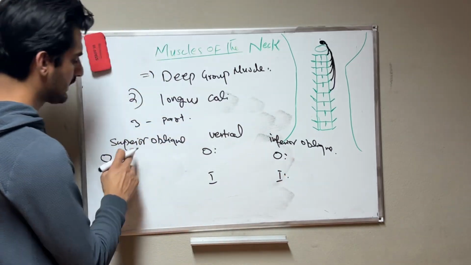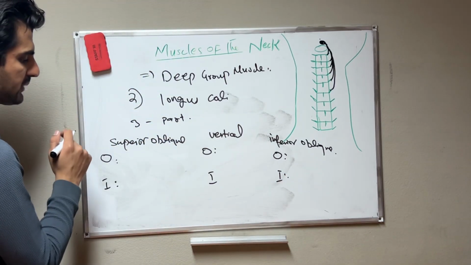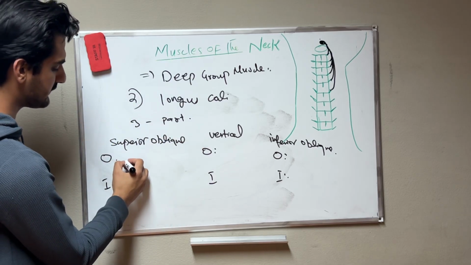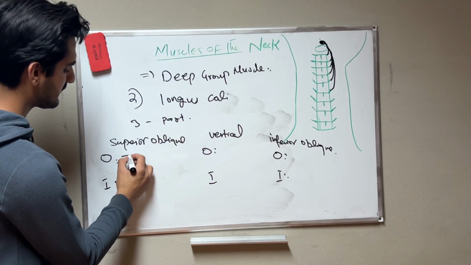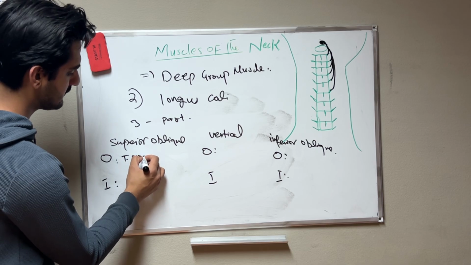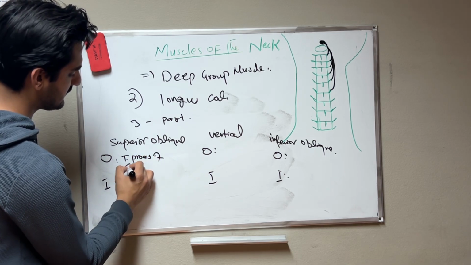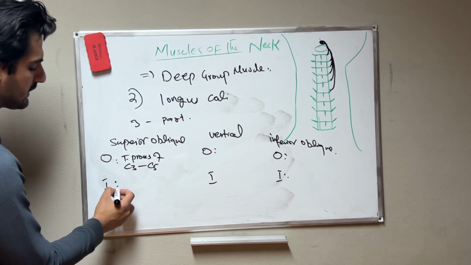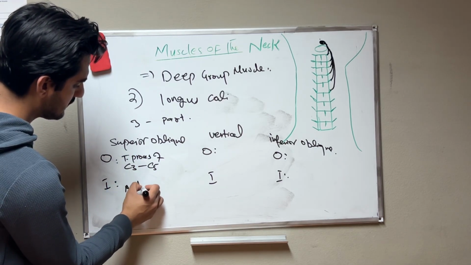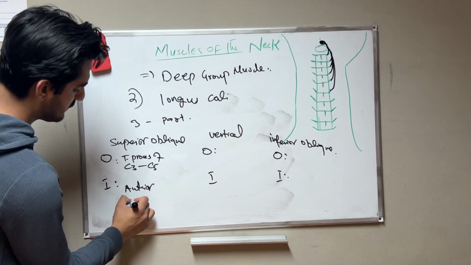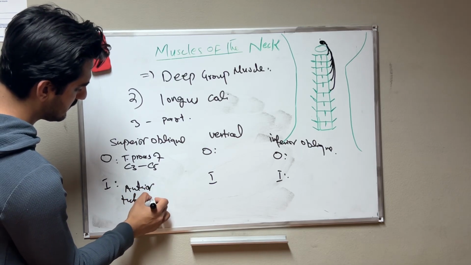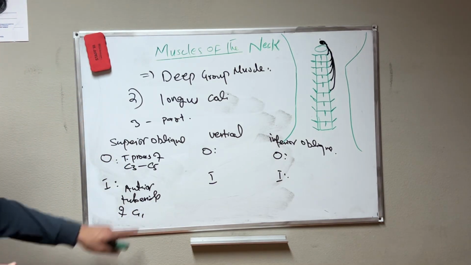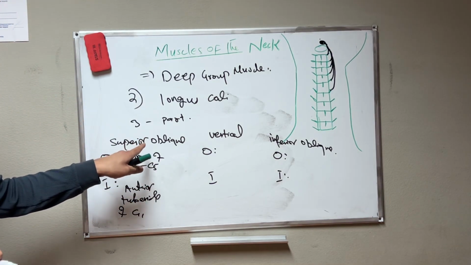First, the superior oblique part of the longus coli muscle originates from where? From the transverse process of C3 to C5, and is inserted into the anterior tubercle of C1. Now I will show the origin and insertion of only the superior oblique part.